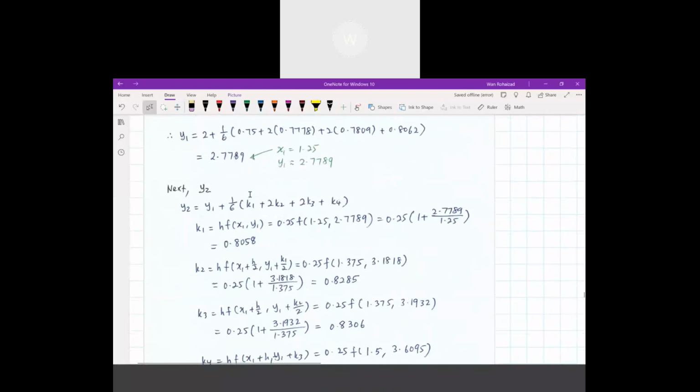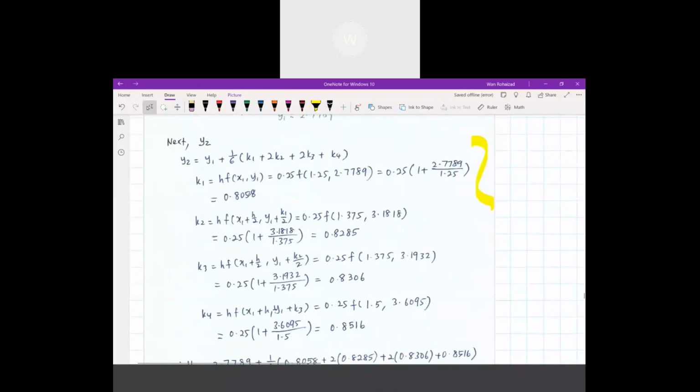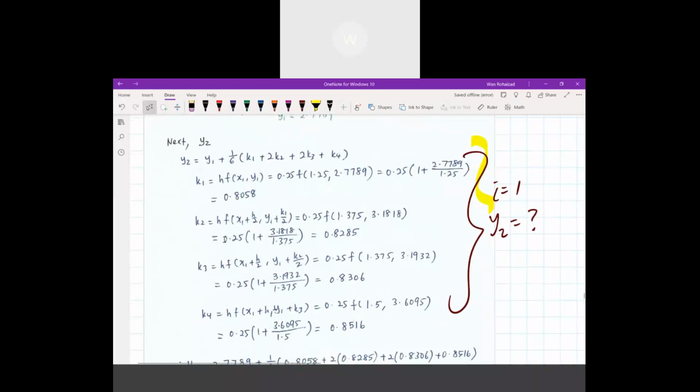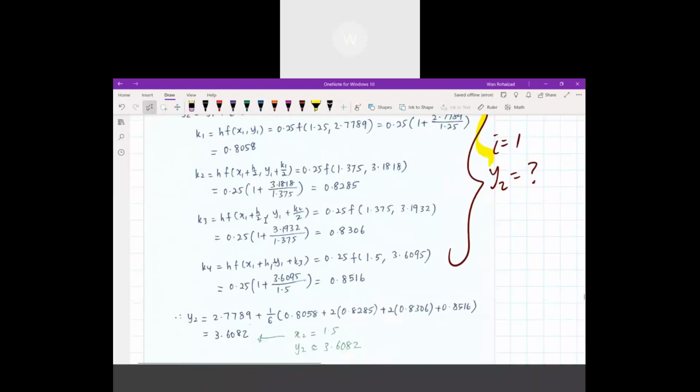The next value is y2. Okay, so this calculation is when i equal to 1. Okay, we want to solve for the value of y2. So again, we need to calculate k1, k2, k3 and k4 for i equal to 1. Okay, do the same type of calculation. Substitute the right values. Make sure not to make any mistake in this calculation.